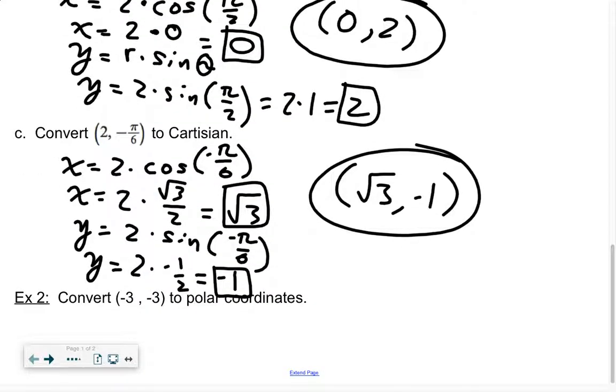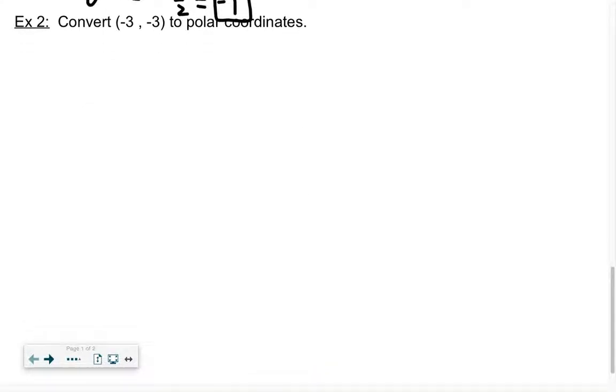That's the easy direction when you go from the polar. Now we're going to go from Cartesian to the polar coordinates. Essentially what we need is some (r, theta). We need to identify a radius, and we also need to identify a theta. Now let's go back a little bit.